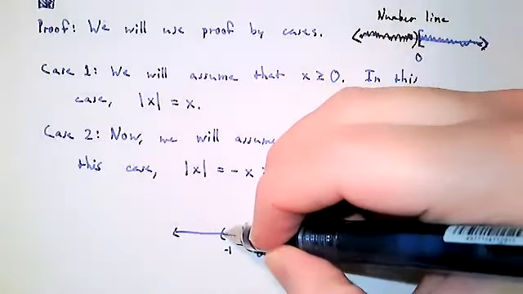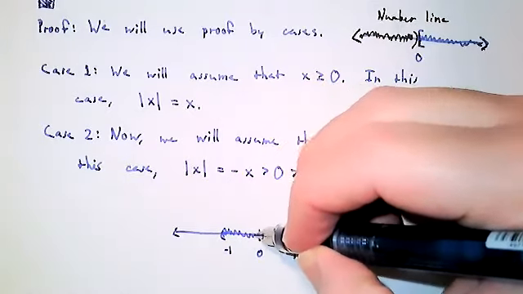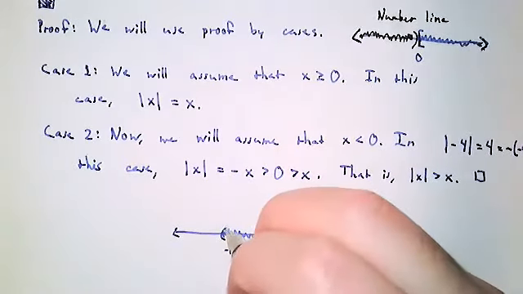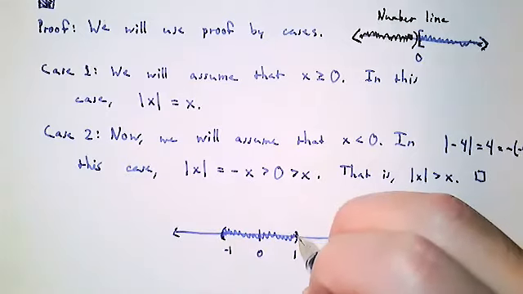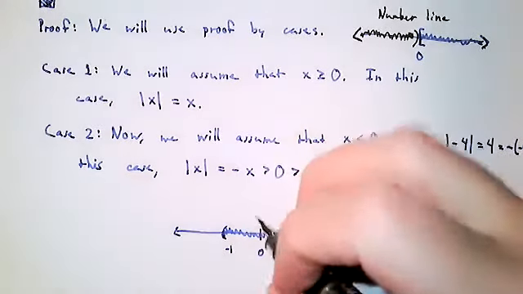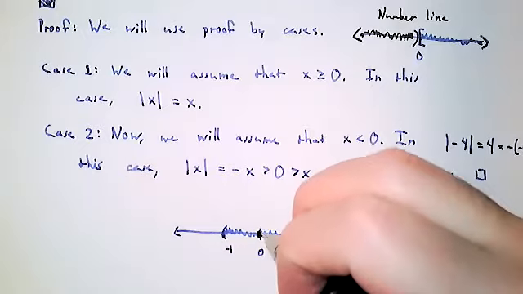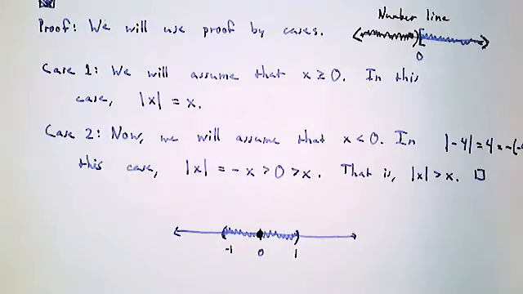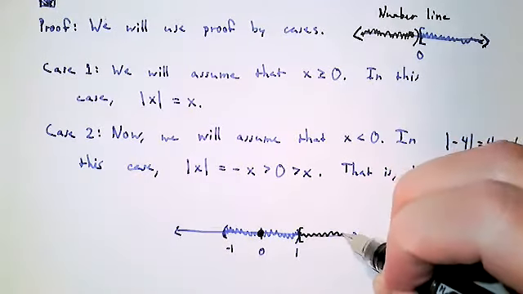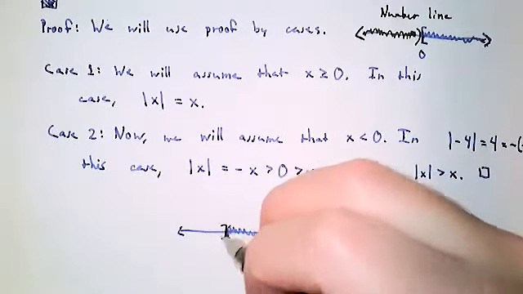So maybe you need to take all the numbers from -1 up to +1 and treat that as a case. Well, if we want 3 cases, let's make 0 its own case, and then maybe all of these numbers, and then all of these numbers.